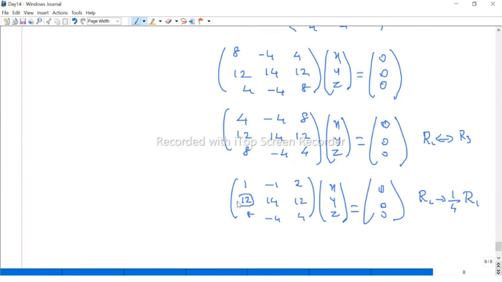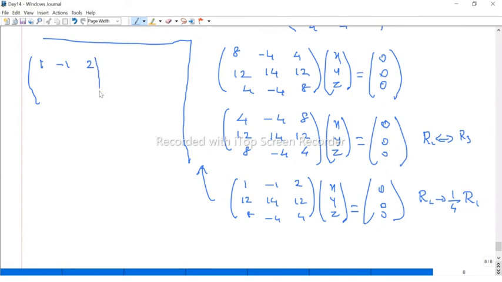Now we have to make this entry 0, and then make this entry 0. Therefore we multiply the first row by 12 and subtract. So I keep the first row 1, minus 1, 2, into x, y, z, with the right hand side 0, 0, 0.